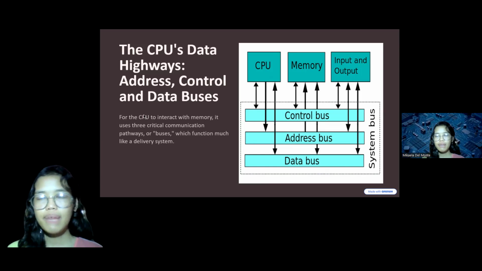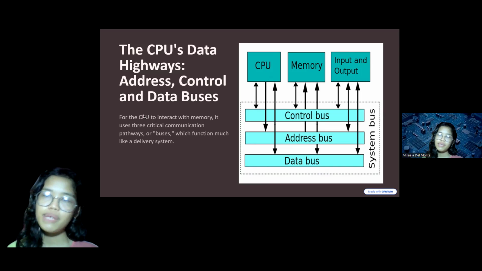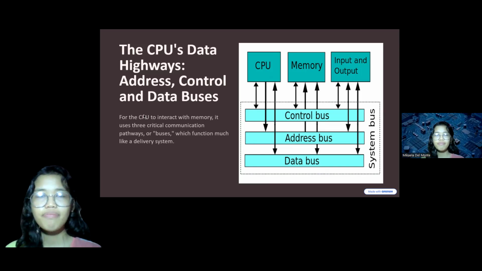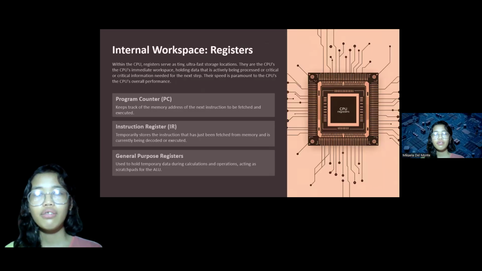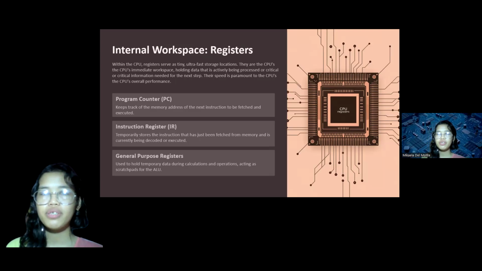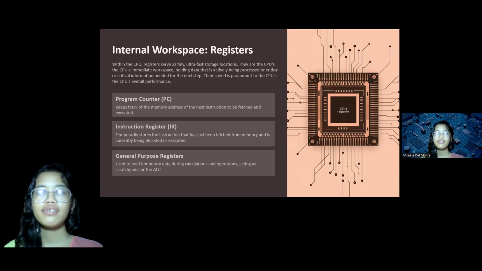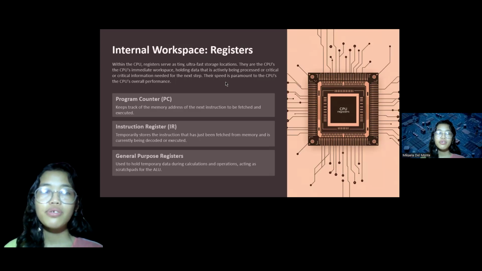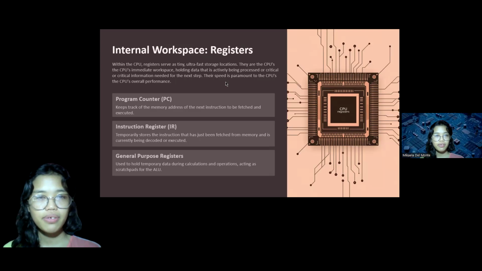Once the data arrives at the CPU, it needs extremely fast internal storage. This is what we call the internal workspace, the registers. Within the CPU, registers serve as tiny, ultra-fast storage locations. They are the CPU's immediate workspace, or immediate memory.